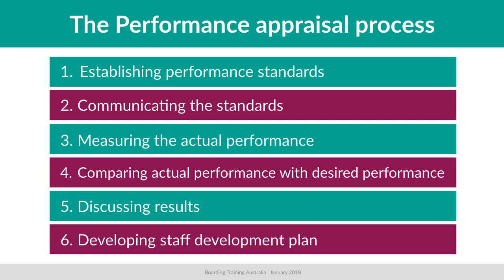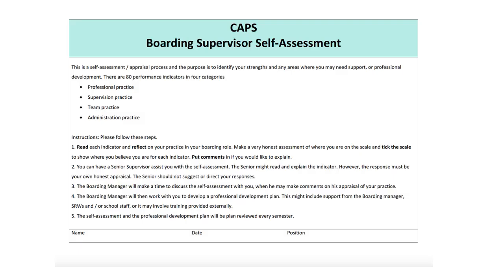The process looks like this: you establish standards, you communicate these standards, you measure the actual performance, then you compare actual performance with desired performance, and then you work out how you're going to fill those gaps, how you're going to train to meet those gaps. In reality, here is a typical boarding supervisor self-assessment.